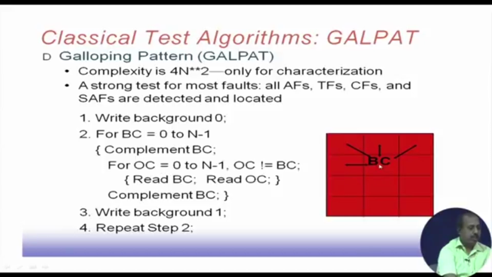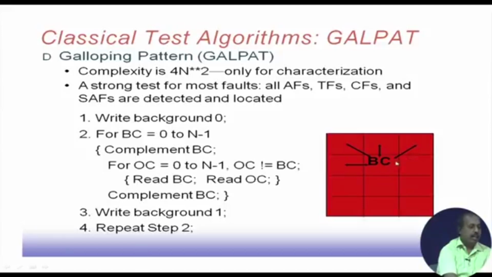So we have complemented the value of BC, then read the value of BC and again read the value of OC. Then again I read the value of BC, then this particular cell, again BC, and again this cell.